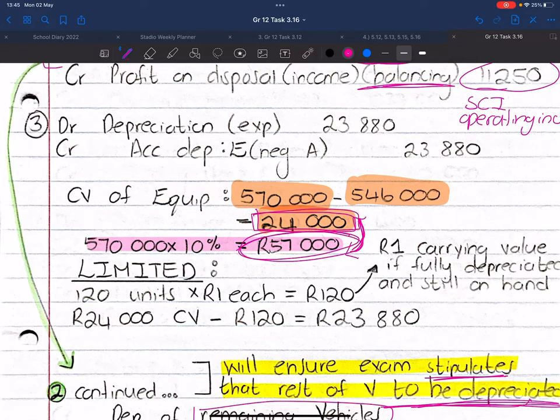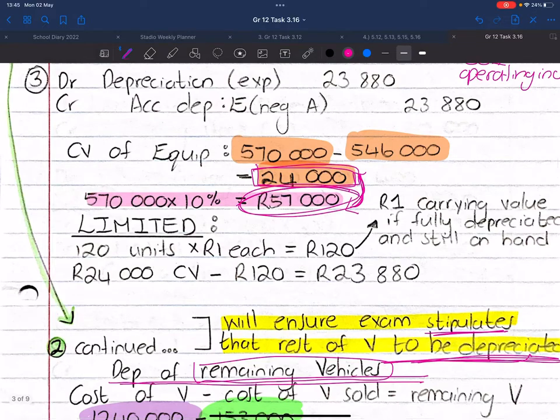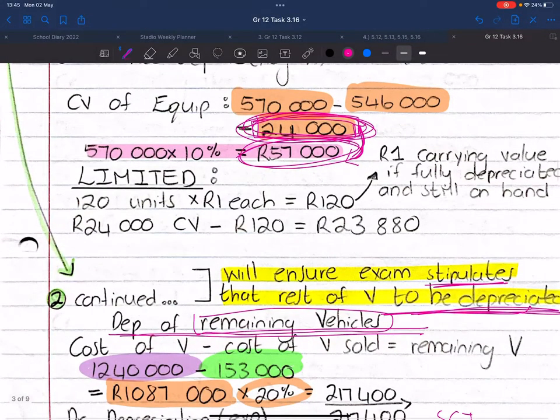So that's why they tell you to take note of the cost and the accumulated depreciation. Then they told us that there are 120 items of equipment and they were originally all bought on the same day. So the reason that they do that is because now we need to account for depreciation, but we are limited to the carrying value, and we have 120 items of equipment, not just one.